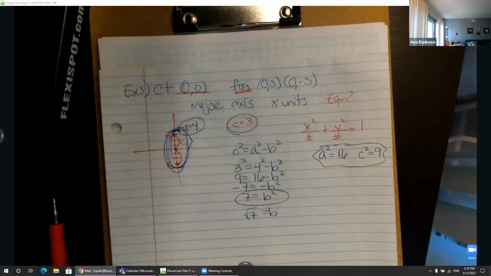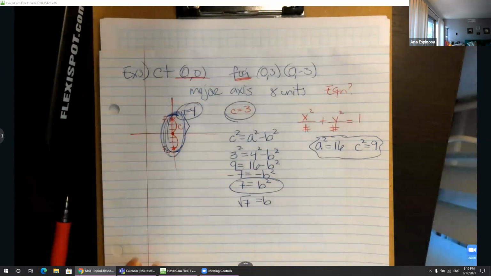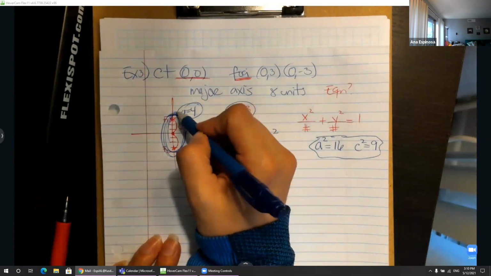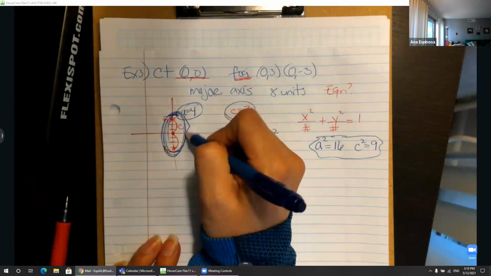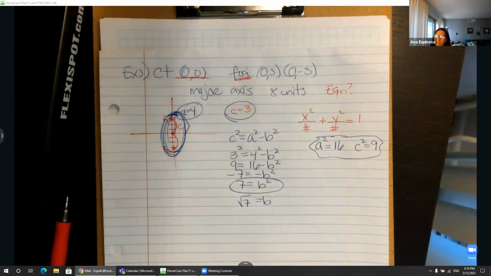But watch what happens. When you actually give the equation of an ellipse, like I said, you do not have any decimals, you do not have any radicals, you do not have any approximations, you have exact answers. So if my largest number is on the y, it means that that number has to be underneath the y.